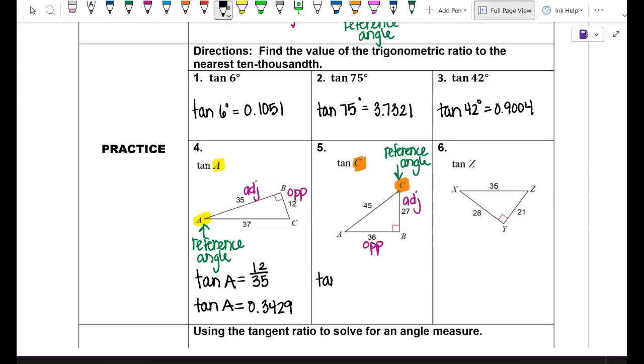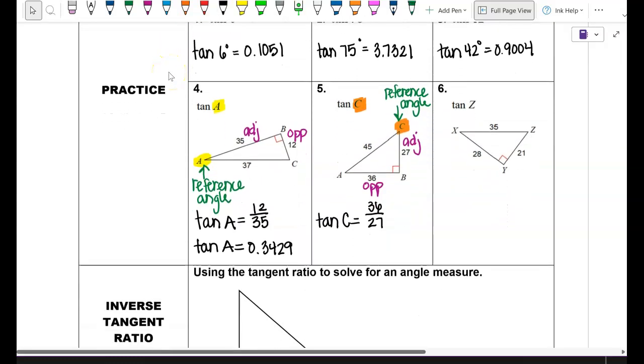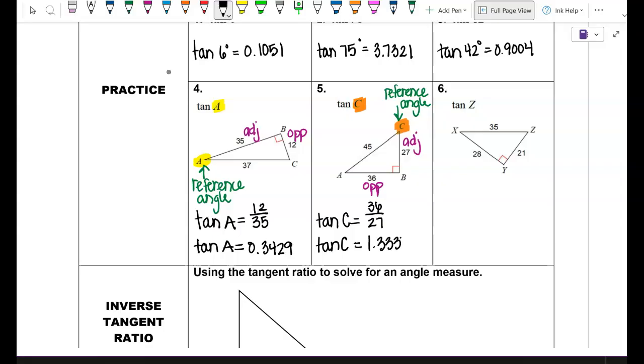So the tangent of angle C is going to equal 36 divided by 27. So the tangent of C equals, what do I get when I divide 36 by 27? 1.3333. The fifth number is also a 3, which would tell us to leave that one alone. So we get 1.333.